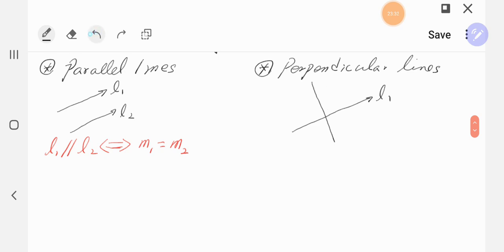Let me draw this reasonably. So let's say this is line 1, then the perpendicular line is this, line 2. These two form a 90 degree right angle. Perpendicular lines means the angle between the 2 lines is 90 degrees.